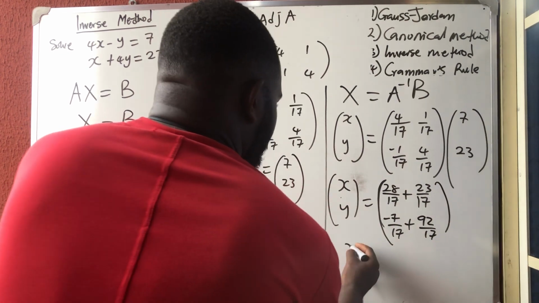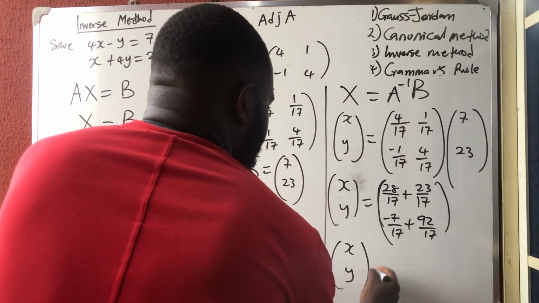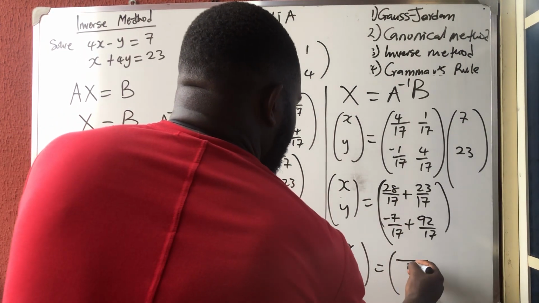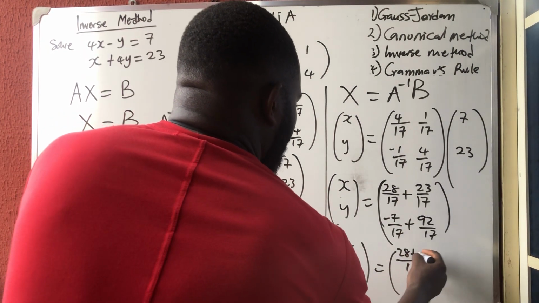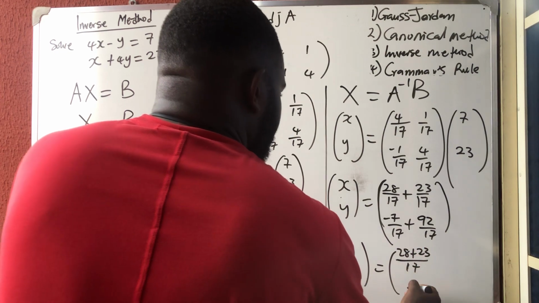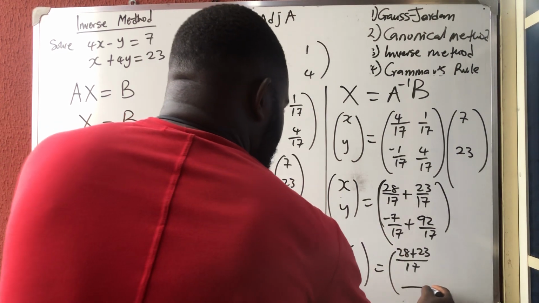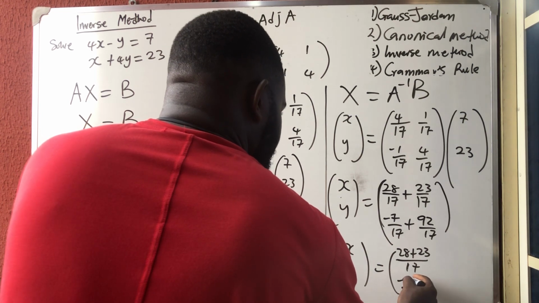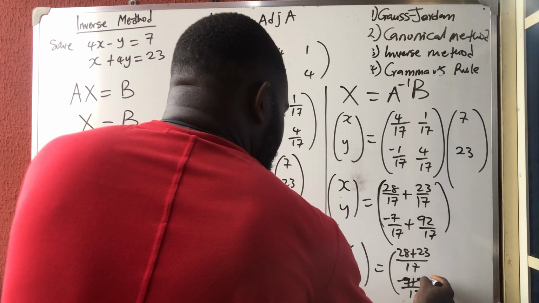So therefore my x and y is now simply, the LCM there is 17. So I'm having 28 plus 23. Then this one will now be, the LCM is still 17, minus 7, sorry, plus 92.